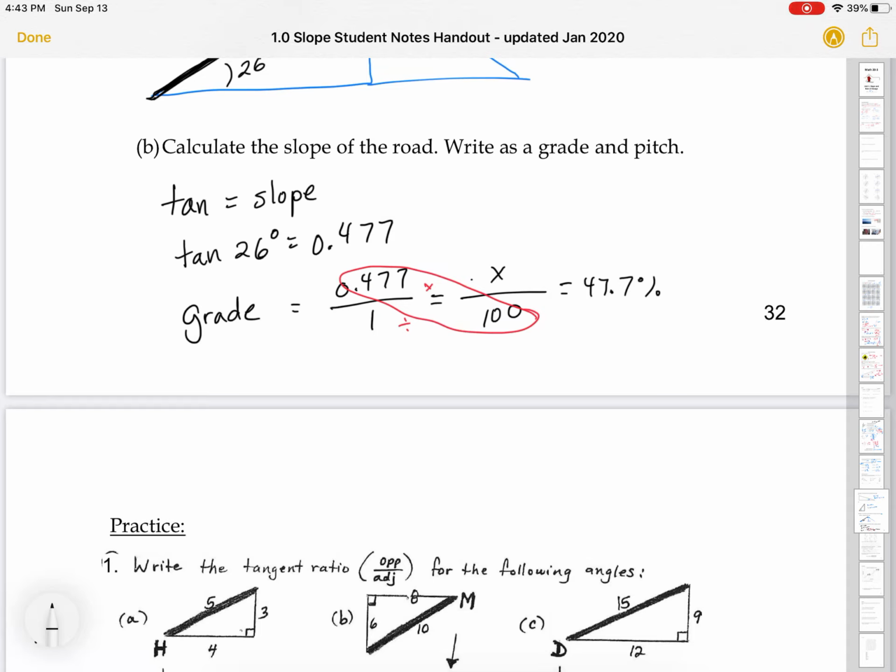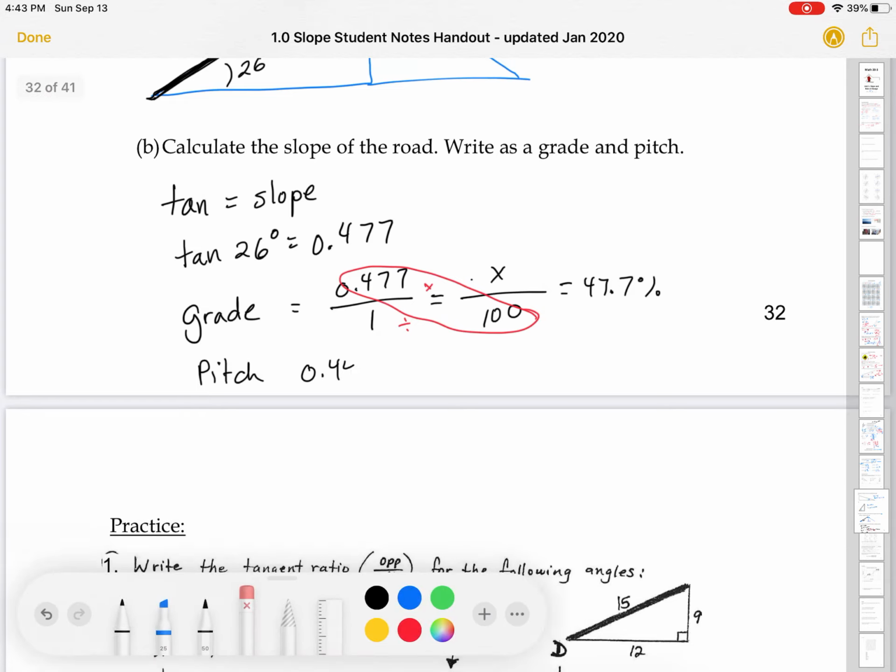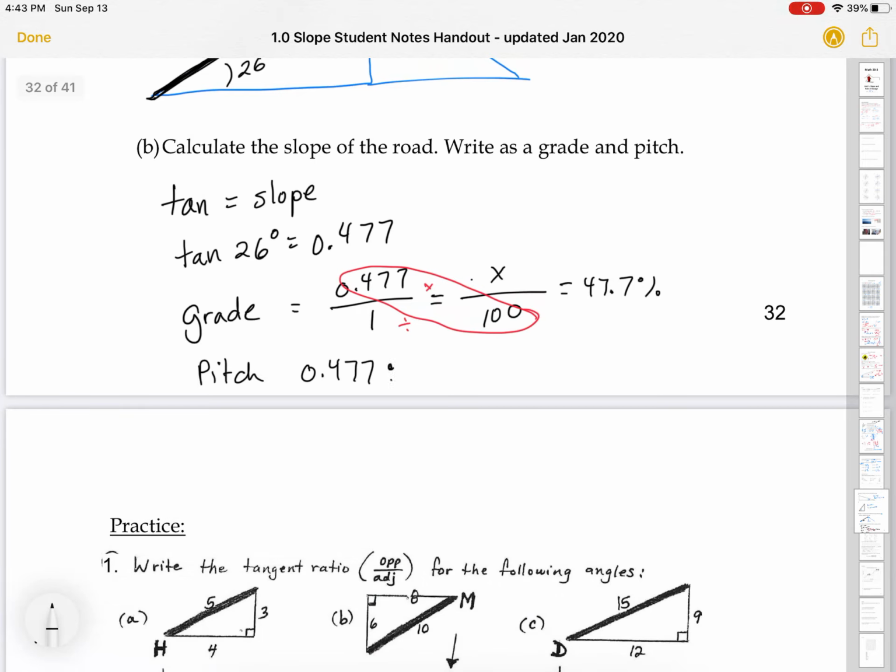And for our pitch, which is a ratio, it's going to be 0.477 to 1. Now, I don't really like those decimals.